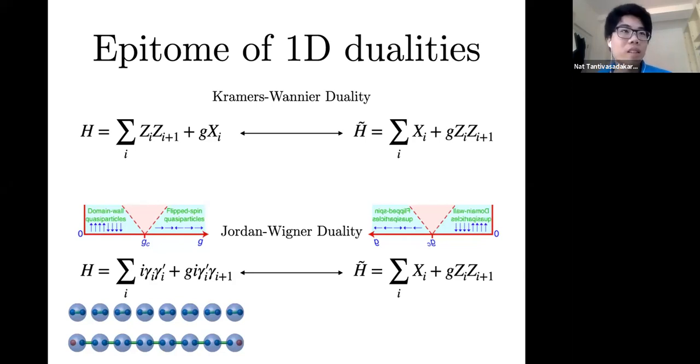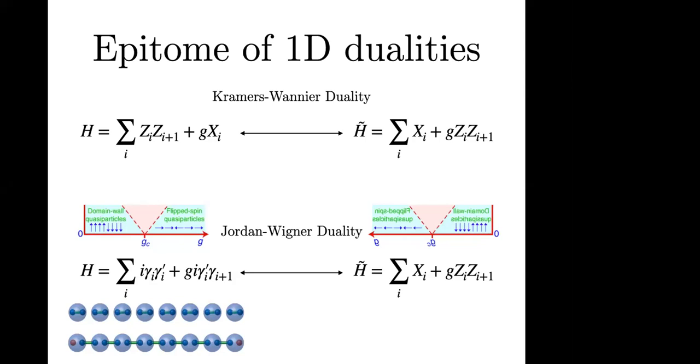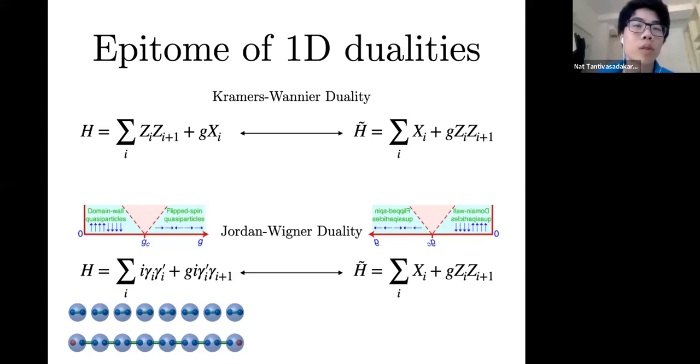The Jordan-Wigner duality says that by dualizing the fermion parity to the transverse field and the hopping to the Ising term, you can realize the trivial phase as a paramagnet and the symmetry-broken phase as the Kitaev chain. This is the story in 1D.